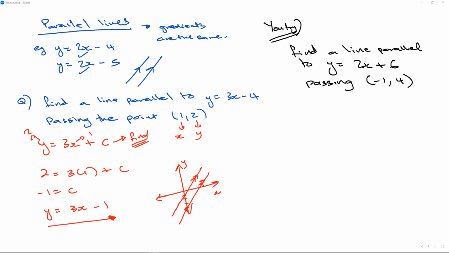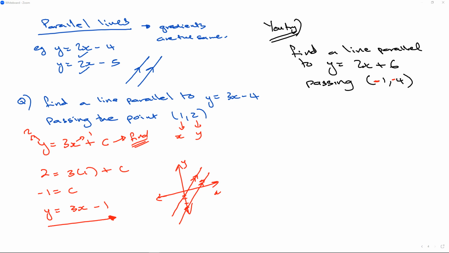When you're done, press play. Okay, so what you notice is that this point actually lies on there, because if I make this negative 1, this becomes 4. So this is not going to be parallel. It'll be exactly the same equation. That's right. So let's change it up. Let's make it negative 1, negative 4. All right, try it now. And you should get a different solution. Try it.